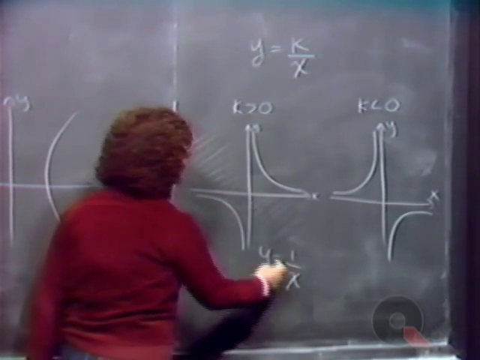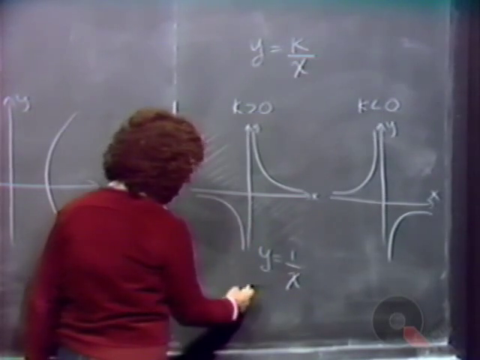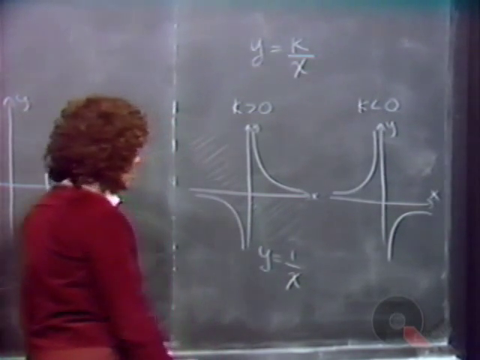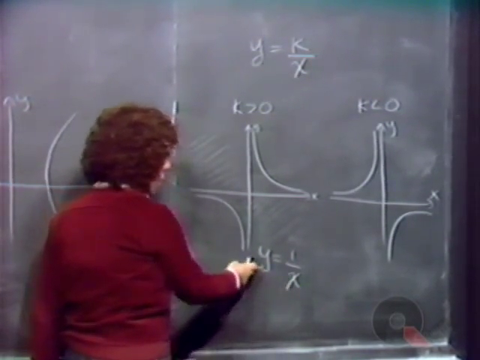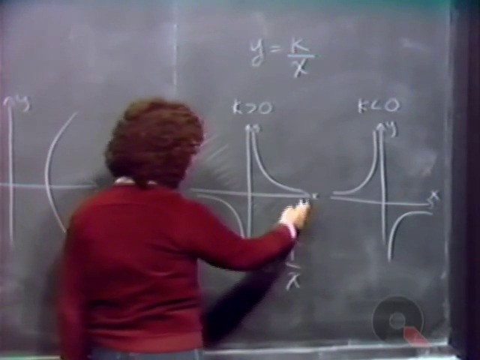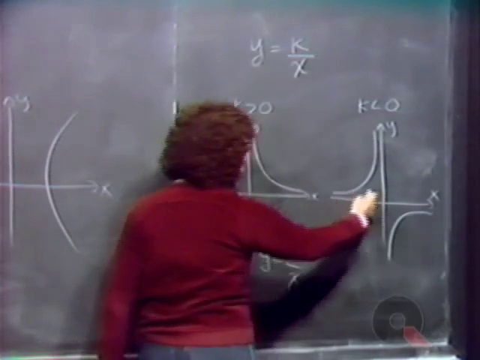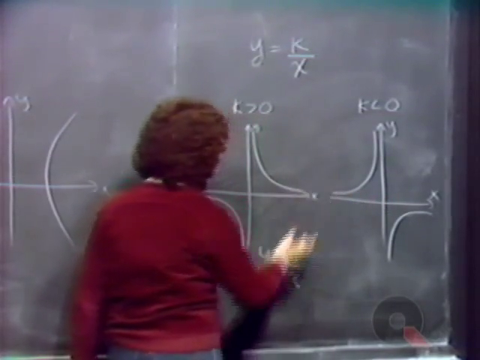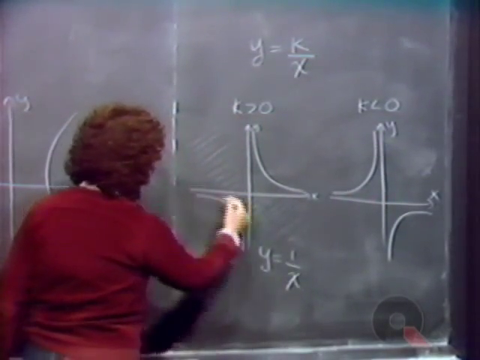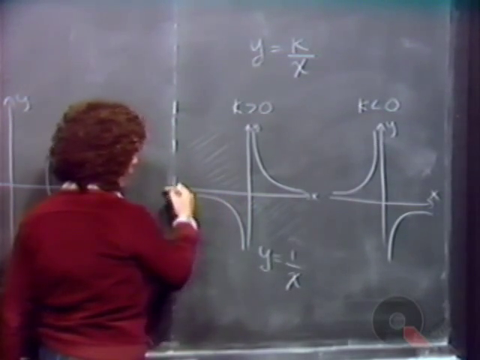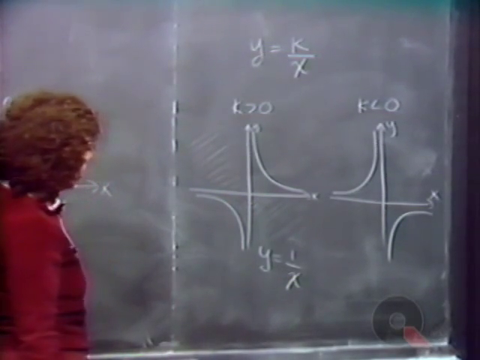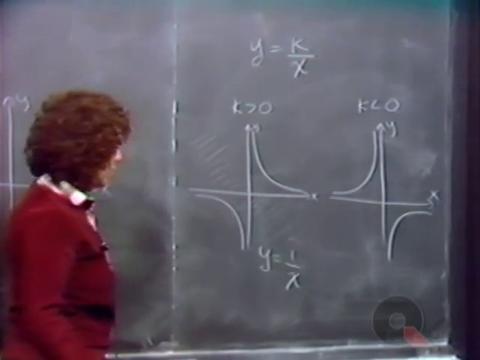Minus 1/100th, y would be minus 100, and so on. Also, when x gets very big, y gets close to 0. If x is 100, y is only 0.01. If x would be 1,000, y would be 0.001, and so on, getting very close to 0. And the same thing here. As x gets very negative, y is getting close to 0. Okay, and we get a picture like that.